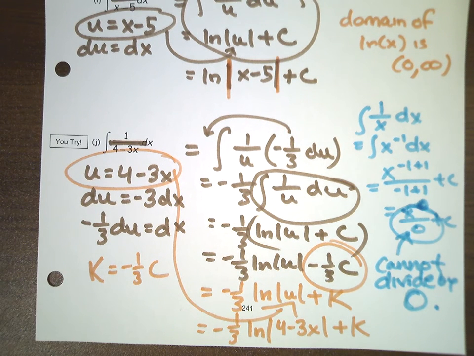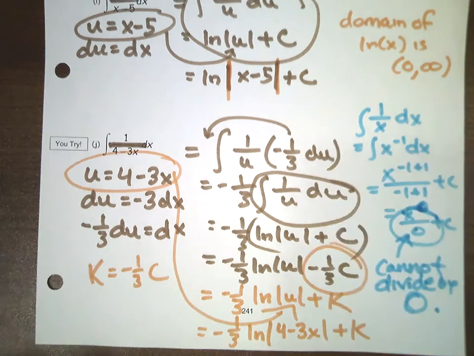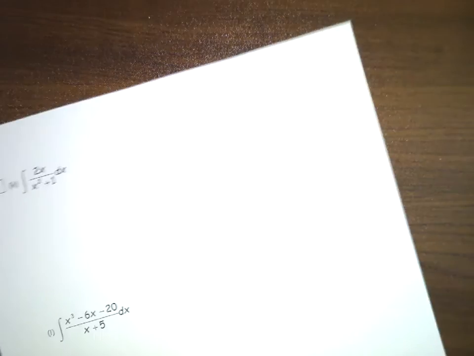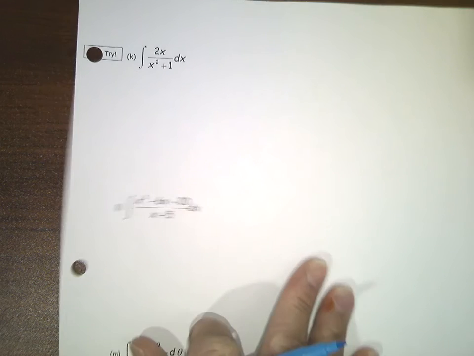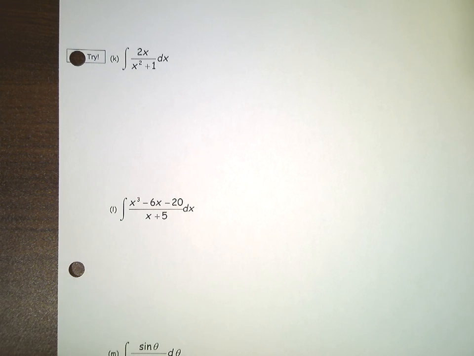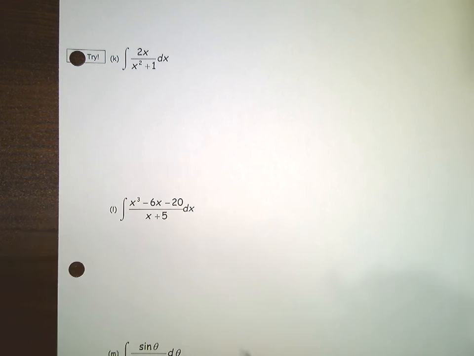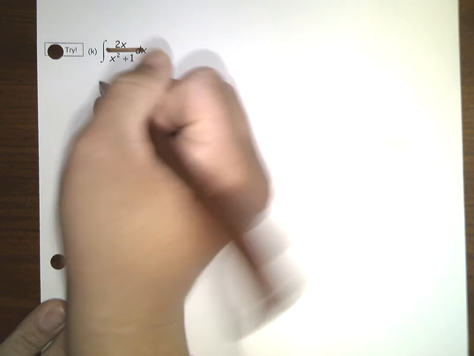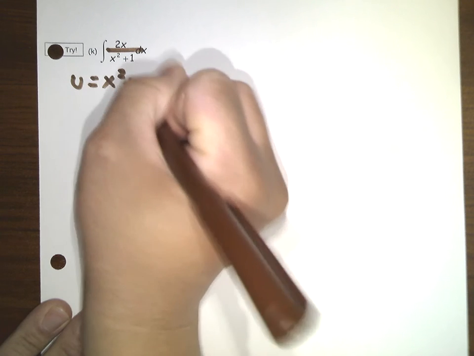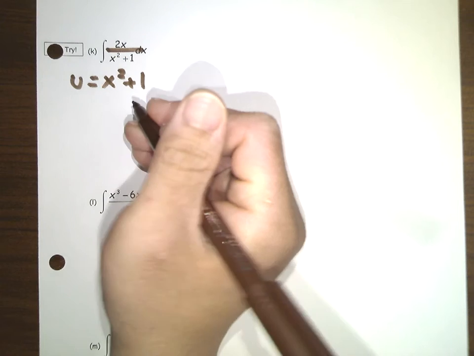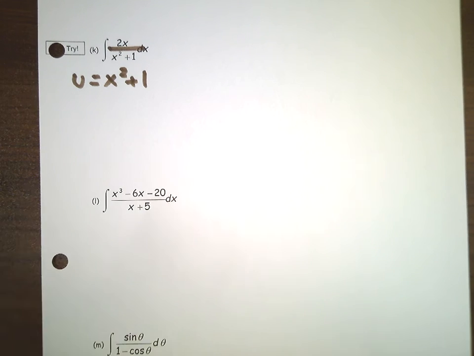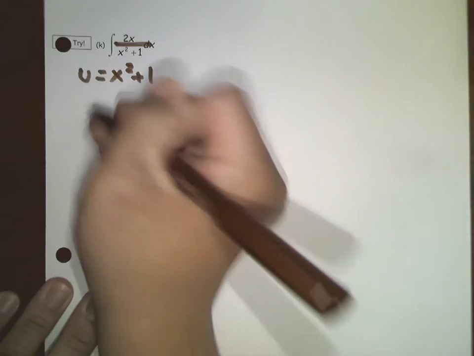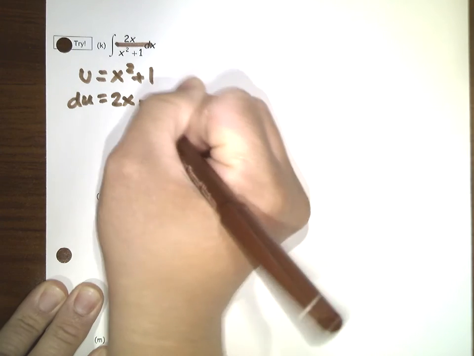So now let's try another one here. So we have 2x over x squared plus 1. Here we have a fraction, and we don't have, say, one function inside of another function, but we have 2x over x squared plus 1. So if we let u be the denominator again, x squared plus 1, then du could be 2x dx.